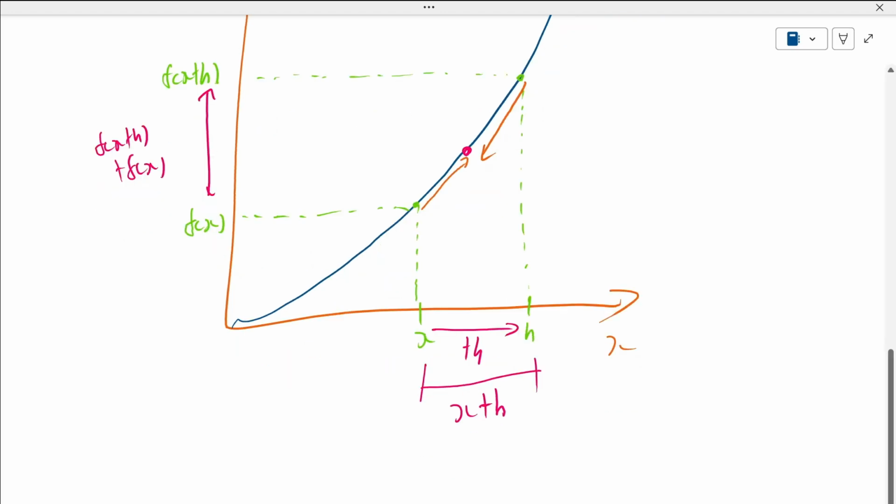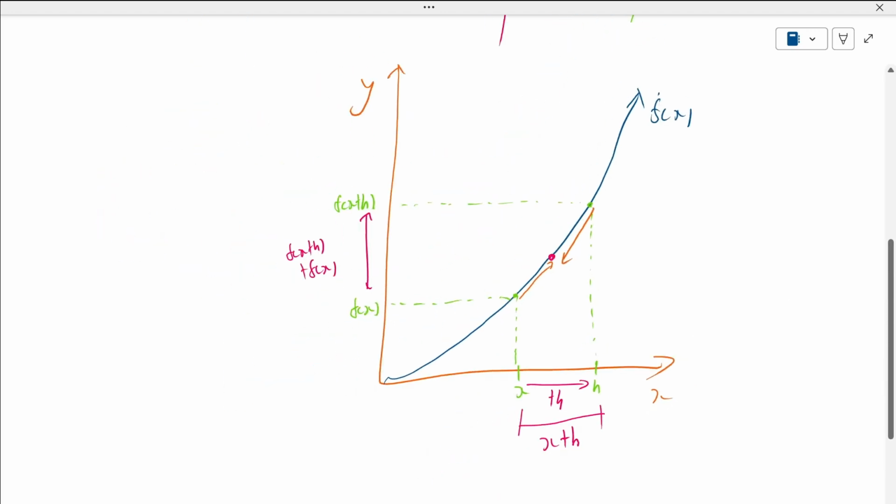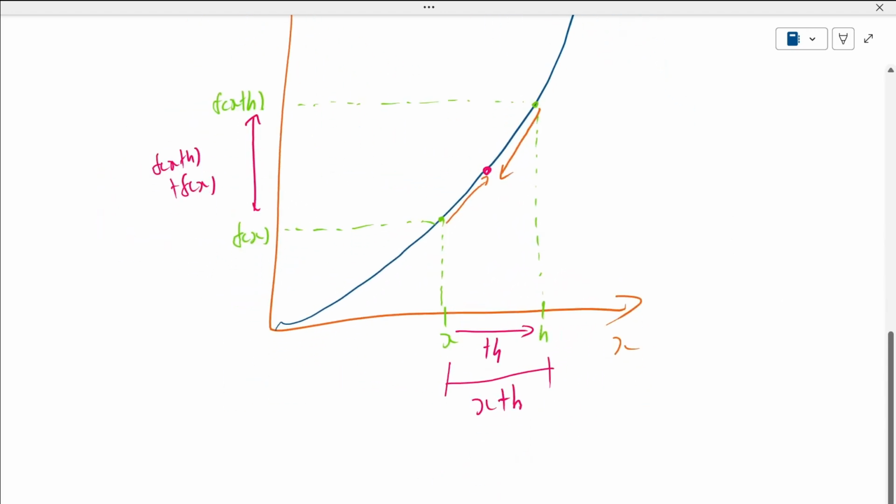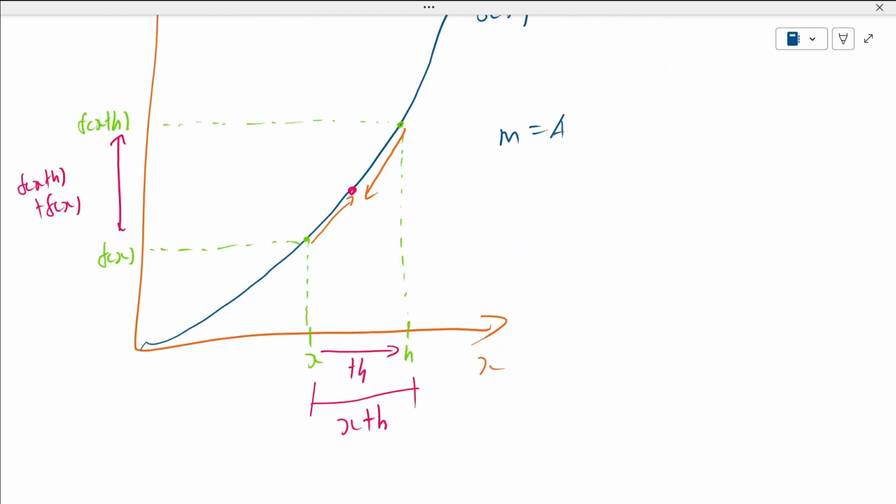If we want to do that, we're trying to find a gradient, the slope at this point. We can measure the slope as delta y over delta x, the difference in y over the difference in x. We can see here this is our difference in x, and this is a difference in y. Basically, this is our rise, and this is our run.